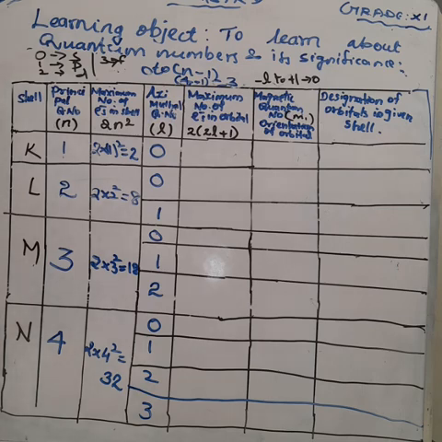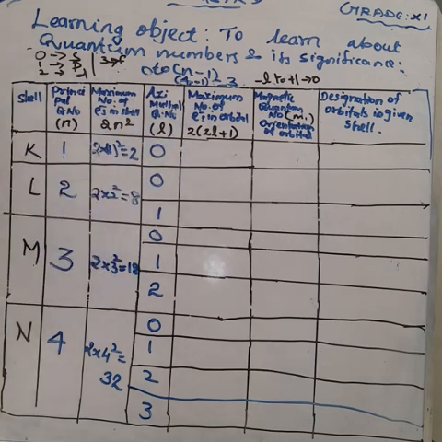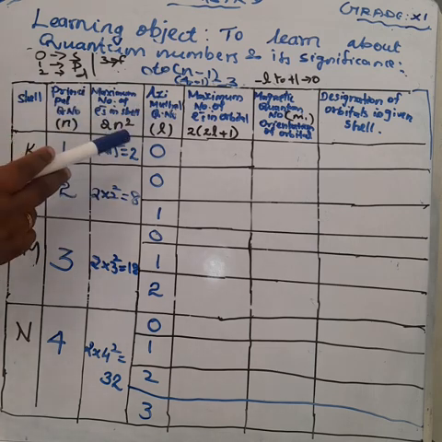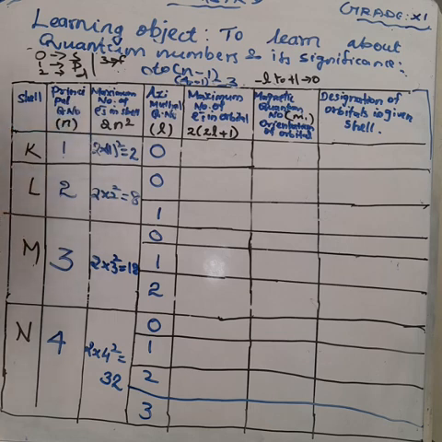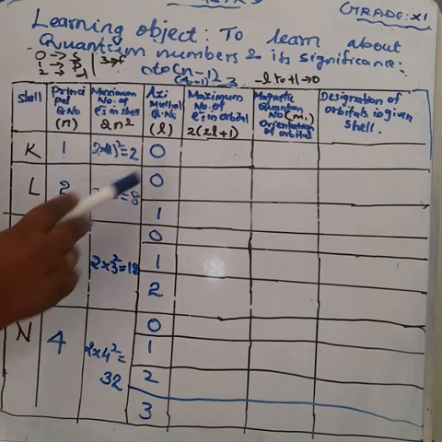And now the maximum number of electrons in an orbital. The azimuthal quantum number is denoted by the symbol L. For the maximum number of electrons in the orbital, we can use the formula 2 into (2l plus 1).